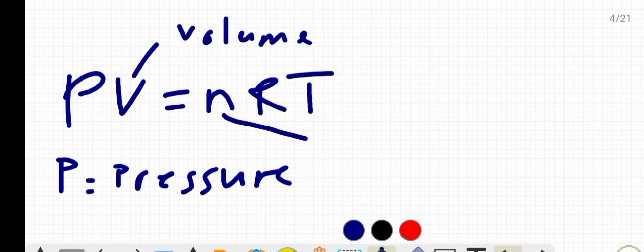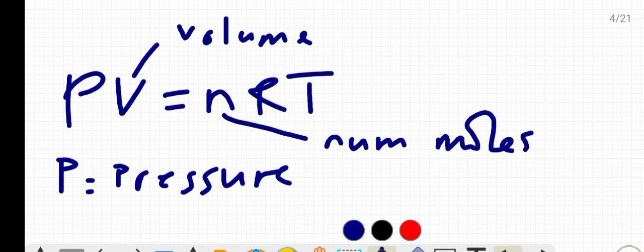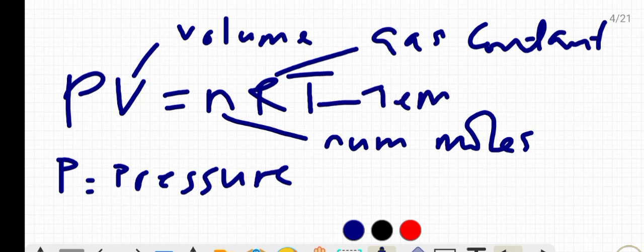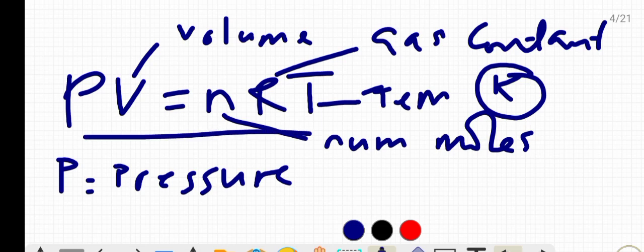N is the number of moles. R is the gas constant, and T is the temperature in Kelvin. This is what we are basically going to focus on, this equation here, as we look at these ideal gases.